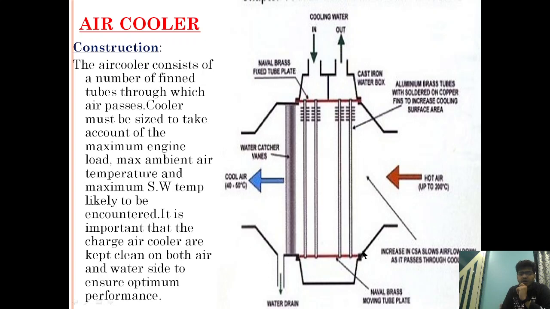The overall box is the cast iron water box. Okay, so the naval brass is the fixed end and the moving end. The aluminum brass tubes are the tubes with the copper fins, and water is moving from here, going like this and coming out from here, and the hot air is flowing from here.